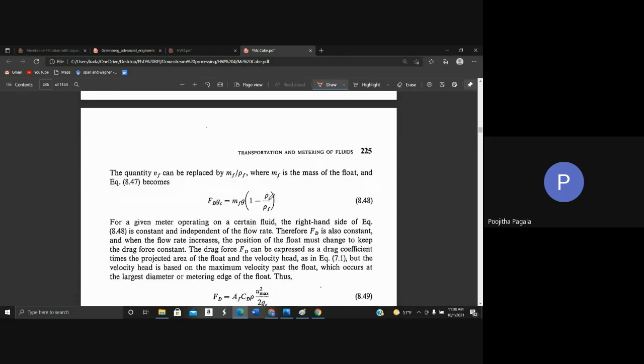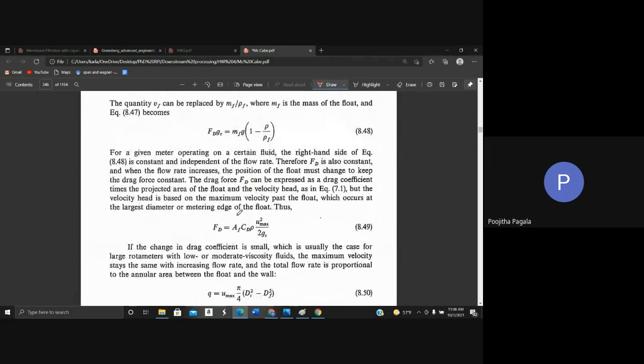Then just దాన్నే రీఅరేంజ్ చేశారు same equation ని. దెన్ ఇది we know this drag force is equal to AF CD rho U square by 2GC. Once again ignore GC. So ఇది ఎలా వచ్చింది? We know that the drag coefficient CD is equal to drag force per unit area, FD by A, divided by half rho V square. ఇక్కడ నుంచి you can calculate FD to be AF CD rho U max square by 2.